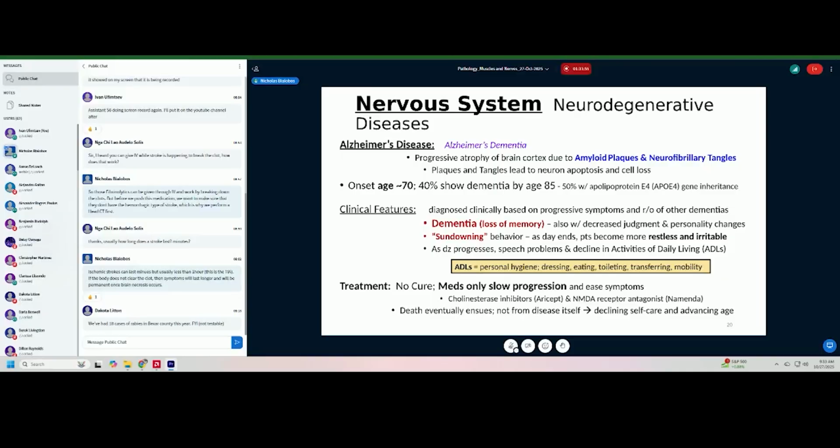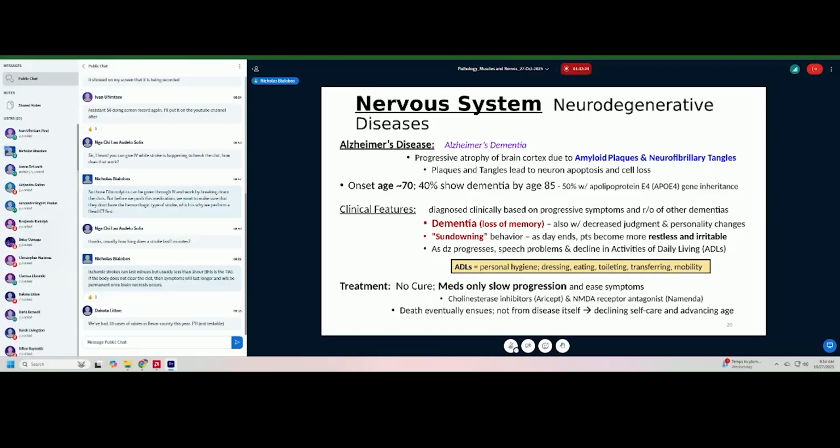And so when we start to destroy that region, patients have a hard time deciphering time of day, right? Not only are they confused or do they have problems with their memory, but now they're not getting the proper signal from that region that controls their circadian rhythm. So these patients are very, very irritable and restless as it starts to become nighttime. So that's a classic symptom of a patient who has Alzheimer's.